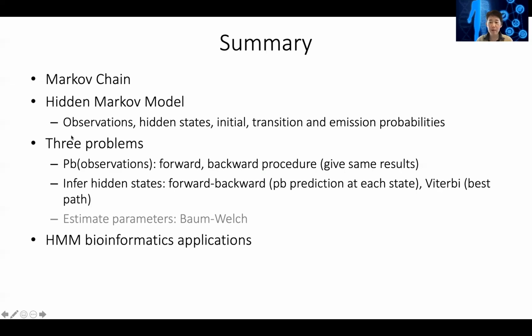And there are 3 problems for which we explain the solutions. The first is, if the hidden Markov model parameters are already given, what is the probability of seeing a string of observations? We can use either the forward procedure or the backward procedure, and you should get the same results.